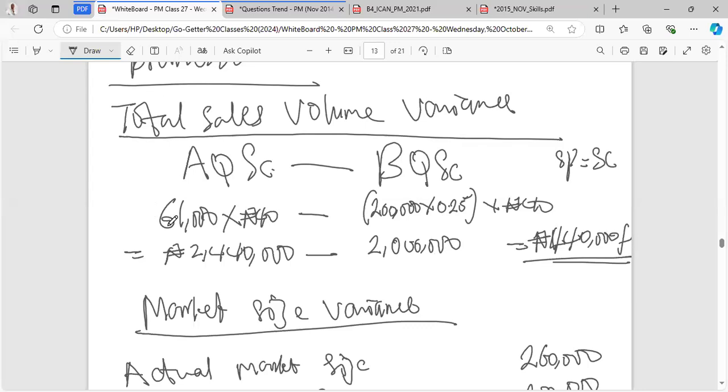Then in actuality, whatever happened in the market, they went to buy 61,000. Of course, here is 50,000. When you multiply 25% of 200, that's 50,000. But now they went to get 61,000. It makes them have a favorable variance in volume.